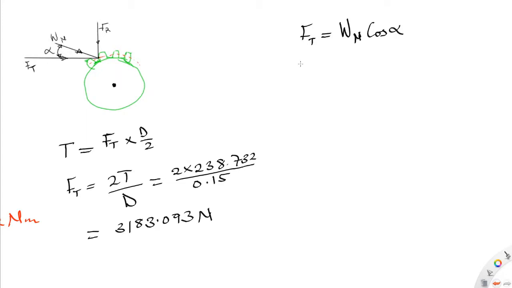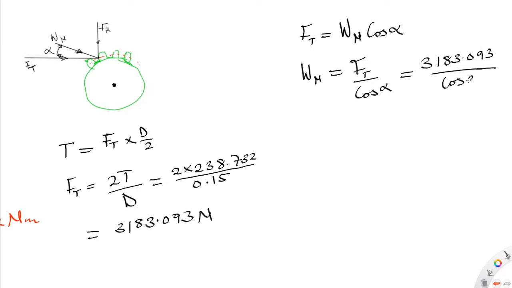All right, so here Wn is equal to Ft divided by cos alpha, and that will give us 3,183.093 divided by cos 20, and when we compute that, we're going to obtain the Wn to be equal to 3,355.451 newtons.